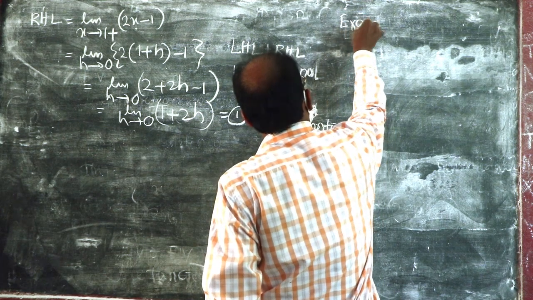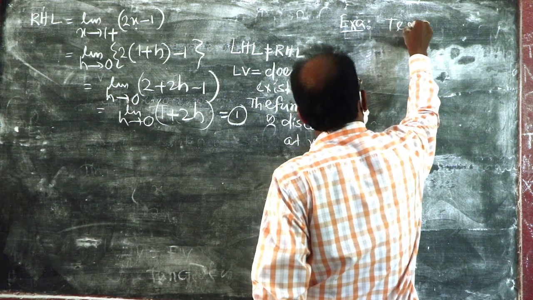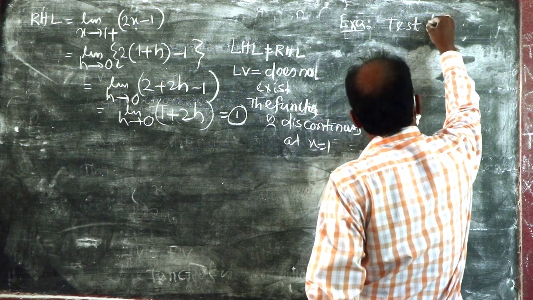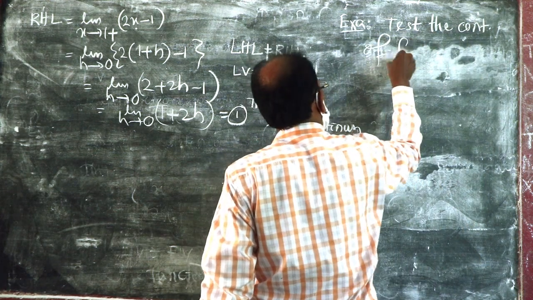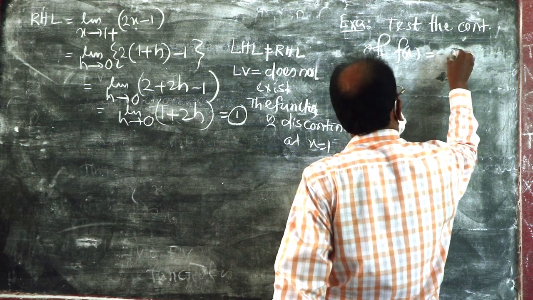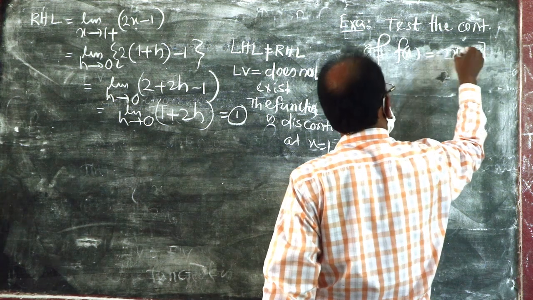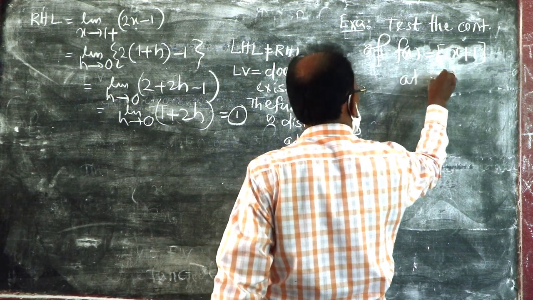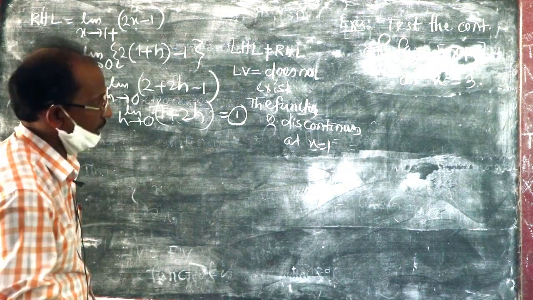Another example. Test the continuity of a function f(x) is equal to bracketed 2x plus 1 at x is equal to 3.